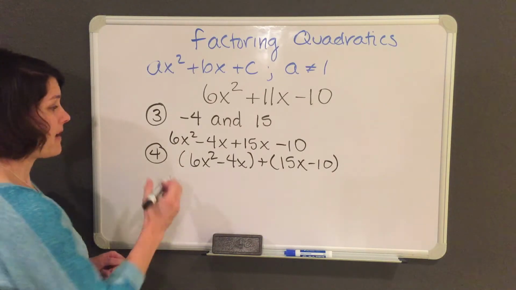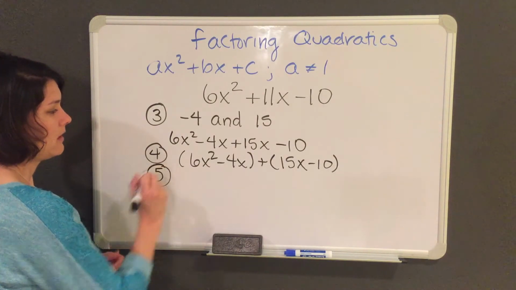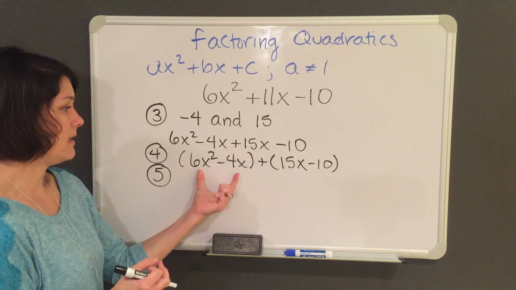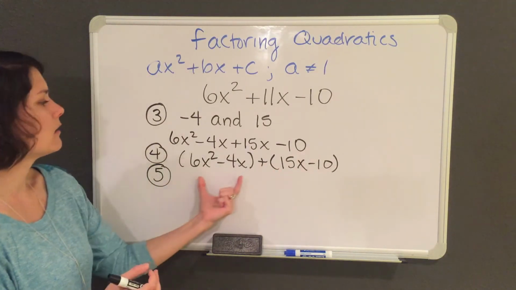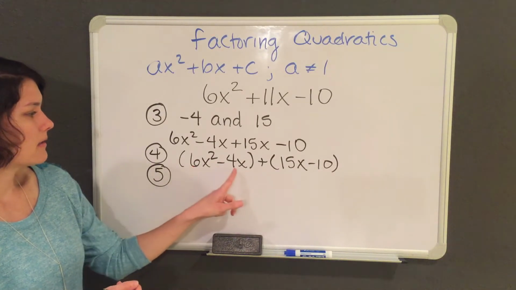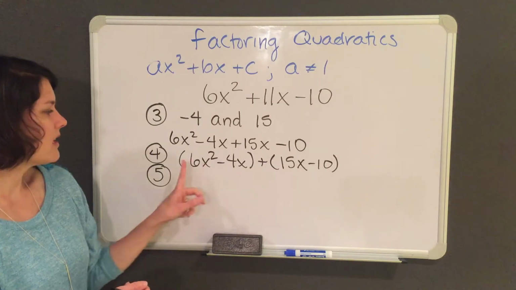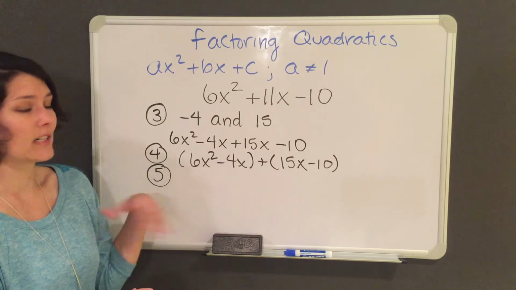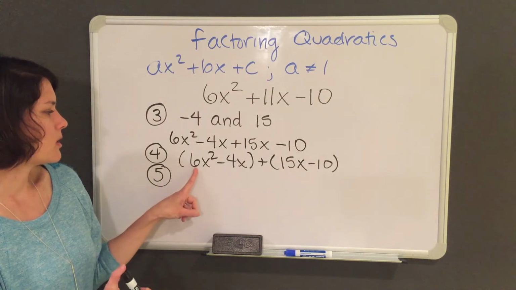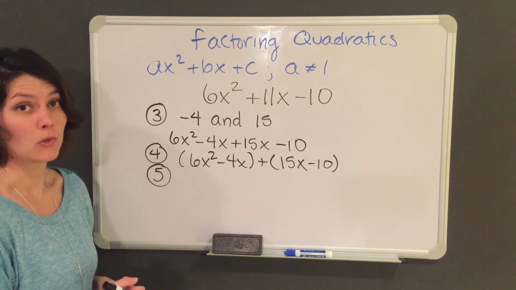Okay, let's move on to step 5. I'm going to use the greatest common factor to figure out what it is for each set of parentheses. So I'm going to look at the first set for these 2 terms. I'm going to look at 6 and 4. And to find its greatest common factor, I look at all its factors and pick the highest one. The greatest common factor between 6 and 4 is 2.